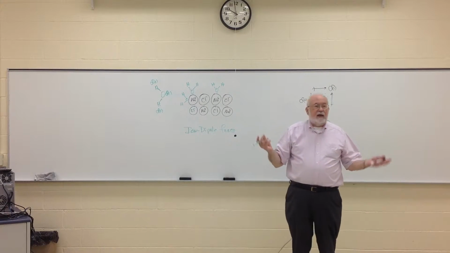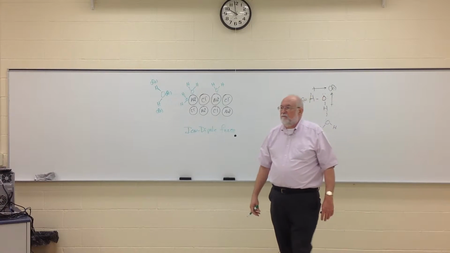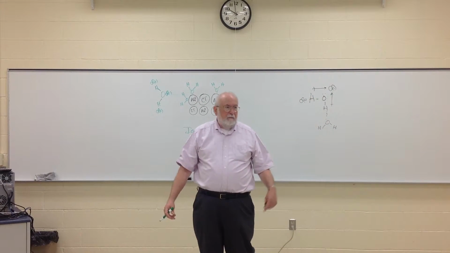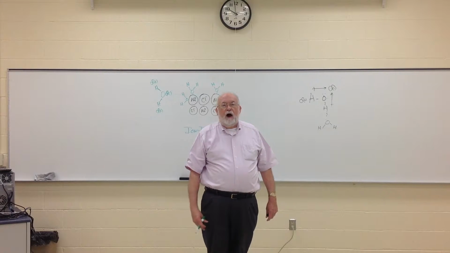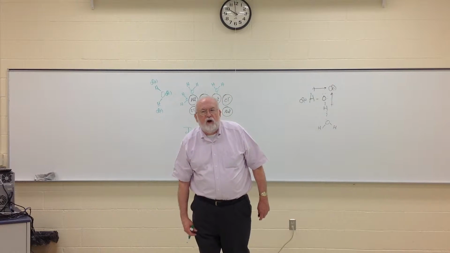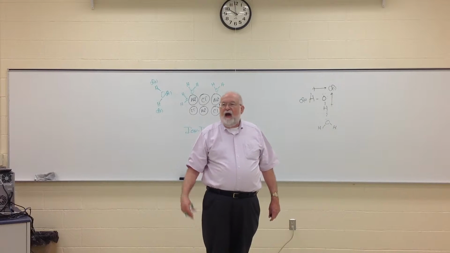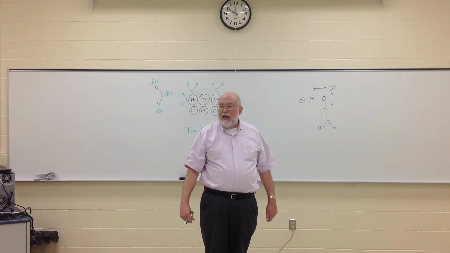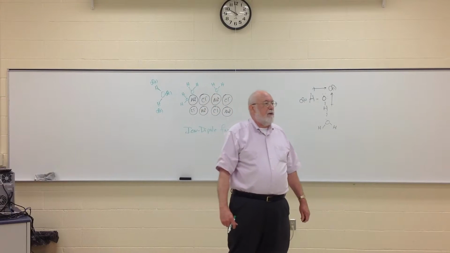Well, a sodium ion has a charge of what? +1. So which pole of the water molecule has the opposite charge? The oxygen end, right? That's the one that's negative, partially negative. So it's attracted to the sodium ions.